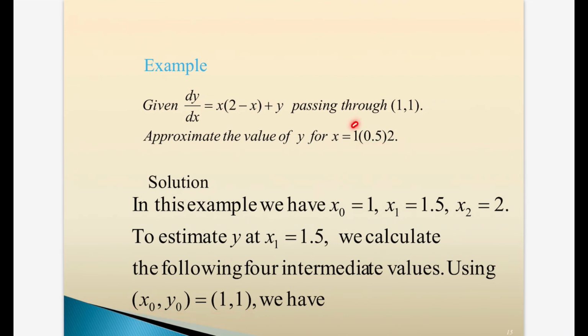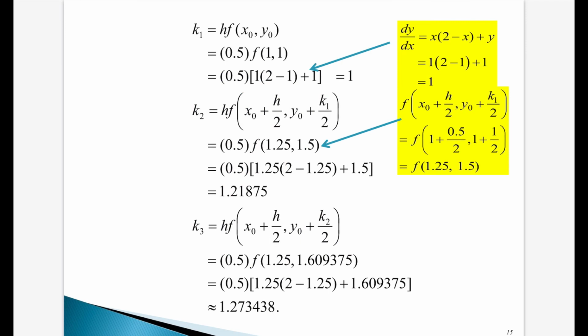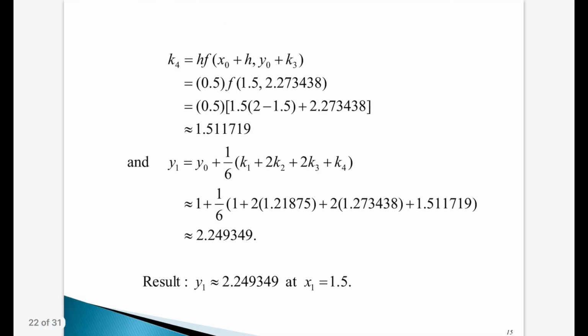This is your starting point, a equal to 1 and b equal to 2. You need to calculate the 4 intermediate values of k1, k2, k3 and k4.